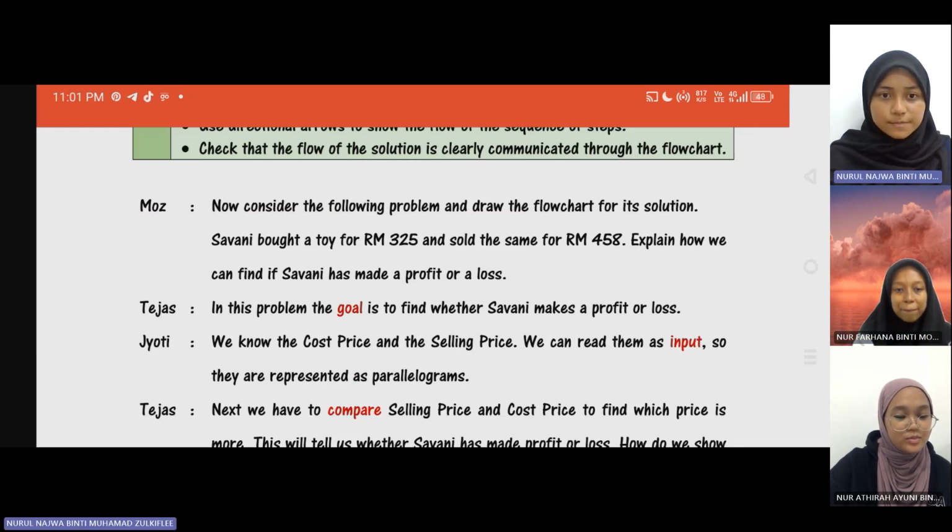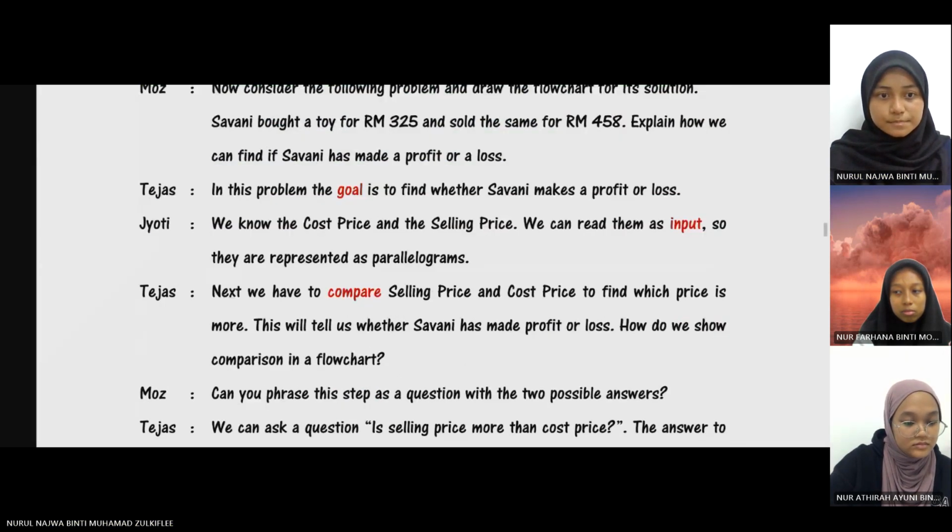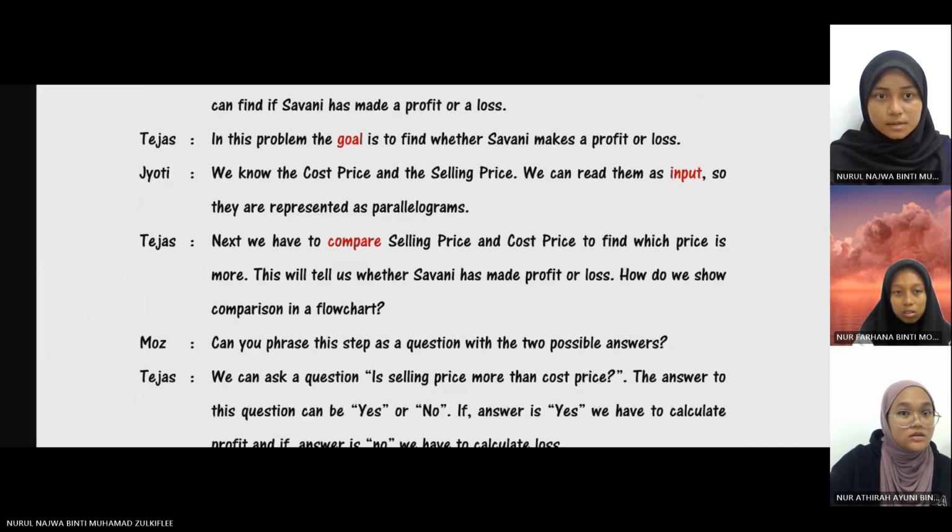We know the cost price and the selling price. We can read them as inputs, so they are represented as parallelograms. Next, we have to compare selling price and cost price to find which price is more. This will tell us whether Savani has made profit or loss.